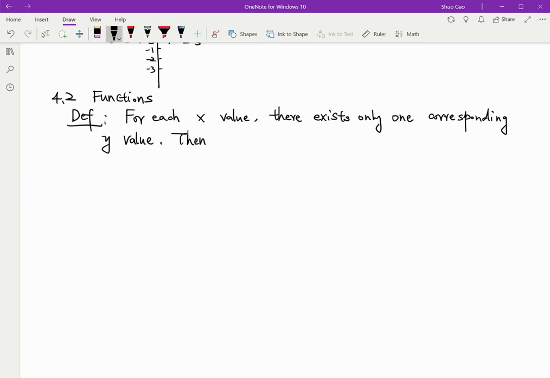Then y is a function of x. This is the definition of a function, and we can denote this by y equals f of x.